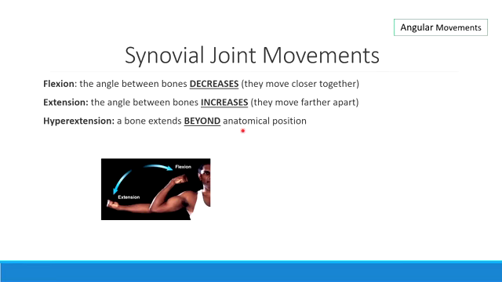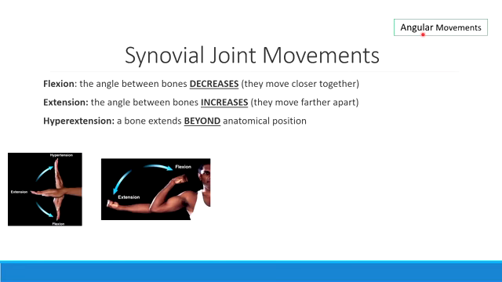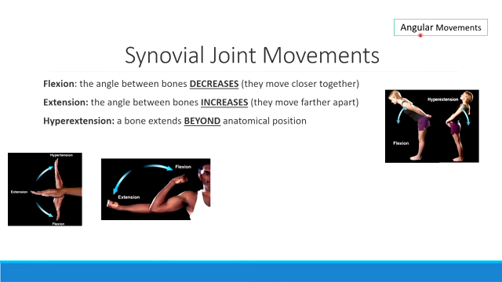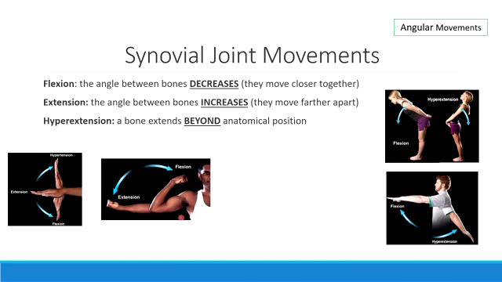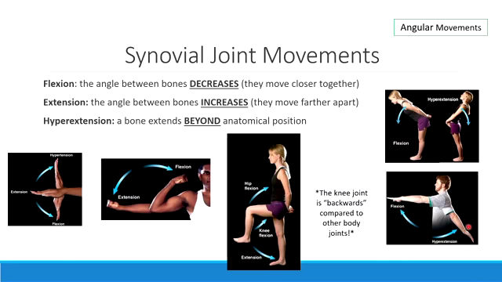So hyperextension beyond what's normal, flexion, bring them together, extension, pull them apart. All of these, one type of angular movement. I can also do these kinds of angular movements with the entire body. So you can do flexion and extension with your intervertebral joints going forward and backwards. We talked about the wrist, talked about it at the shoulder, and we can also do this at the knee.